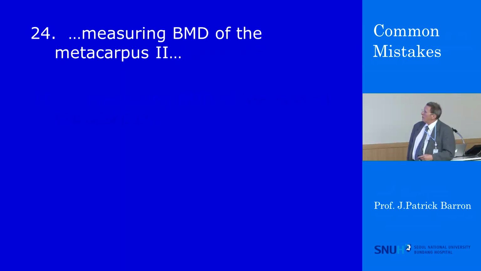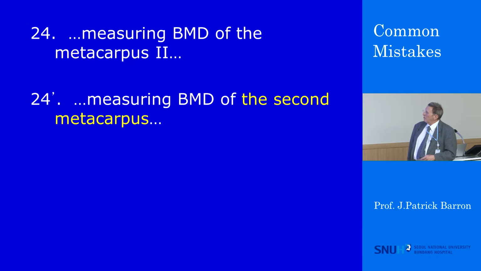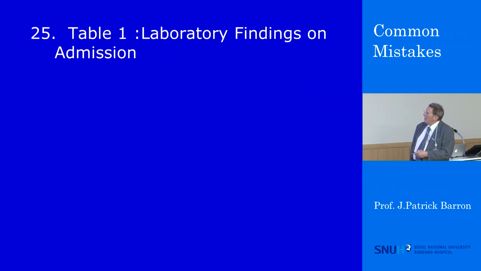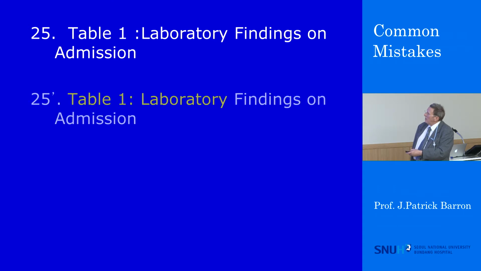Measuring BMD of the measurement of the second metacarpus, or second metacarpal. Table 1, again, you have the space here, it should be here. Table 1, laboratory findings on admission.